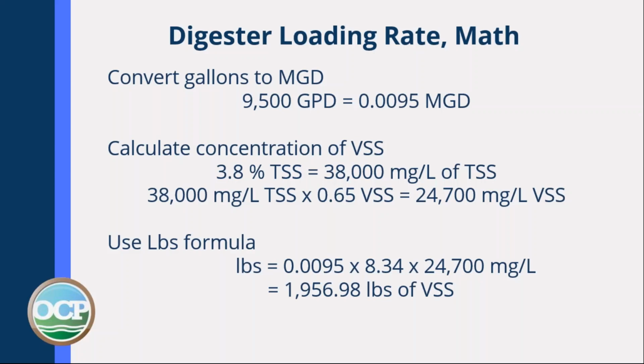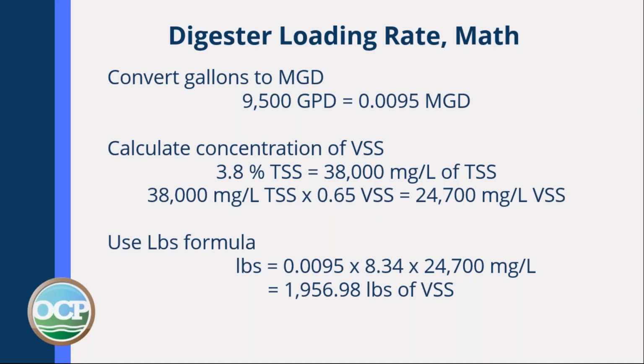So 38,000 milligrams per liter of TSS times 0.65, that's the part that's volatile suspended solids, gives you 24,700 milligrams per liter of VSS.